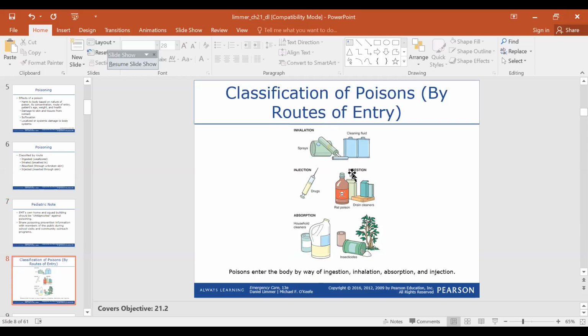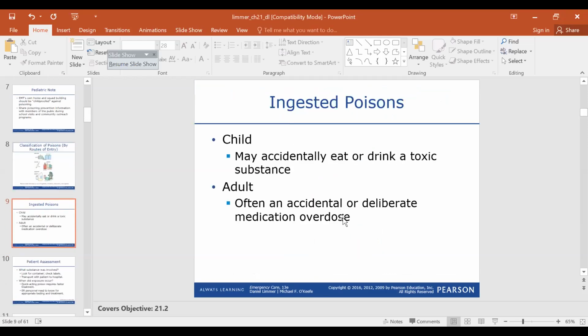So inhalation, spray like paint, cleaning fluids. Injection, a drug, a bee sting is another one. Ingestion, drain cleaners are very acidic, rat poison, just different things that could poison the body.